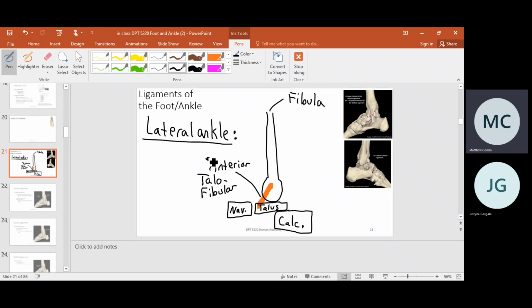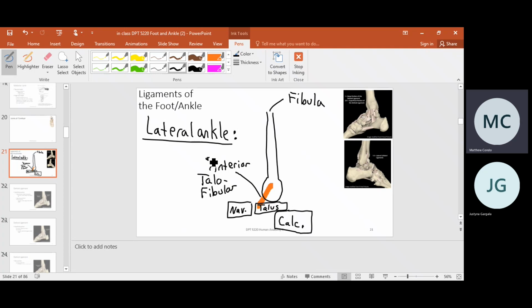What muscles control eversion? Fibularis longus, fibularis brevis. So what that means is that not only have they torn the ATFL, but they've also ruptured fibularis longus and fibularis brevis. Okay? And watch out for that, because like I said, rarely are you going to be dealing with just one thing. More often than not, there are several factors at play.